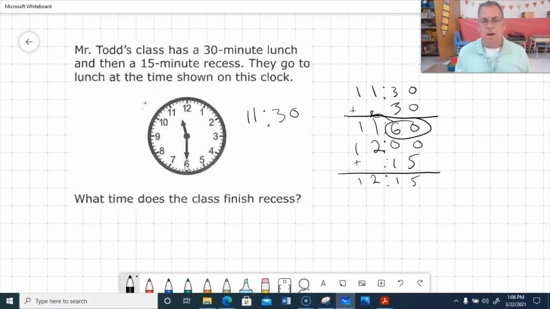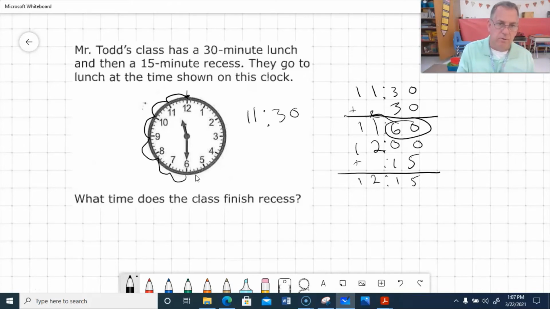Okay, but on problems like this, I think it'd probably make just as much sense to look at this clock right here. I could go ahead and add my times and just look at where the hands would end up. So you can see the start time is right here. If I add 30 minutes, that would be 5, 10, 15, 20, 25, 30.